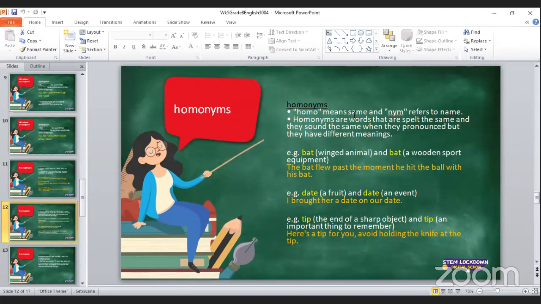You can put it like that. But let's give a formal definition. Homonyms are words that are spelled the same and sound the same when they are pronounced, but they have different meanings.